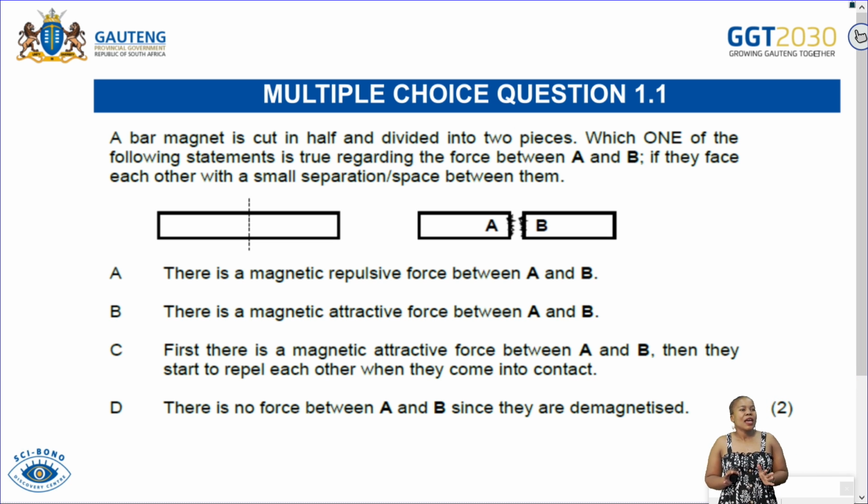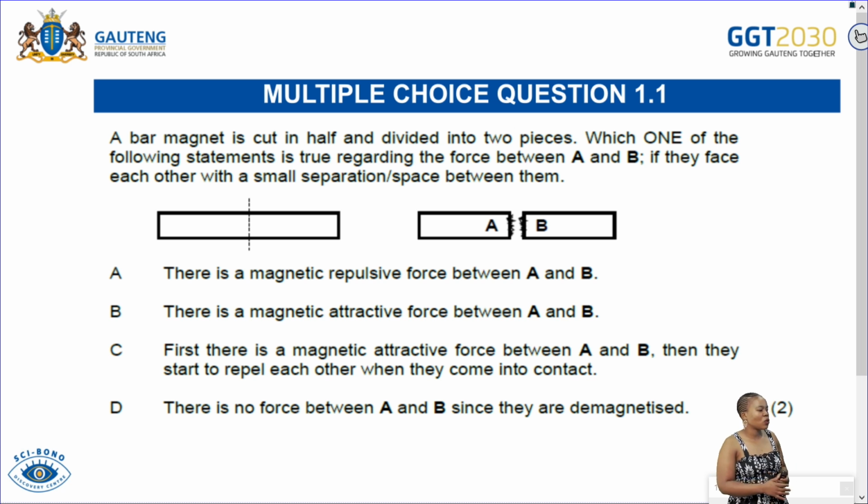A, there is a magnetic repulsive force between A and B. B, there is a magnetic attractive force between A and B. C, there is a magnetic attractive force between A and B, then they start to repel each other when they come into contact. Or D, which is the last one, there is no force between A and B.